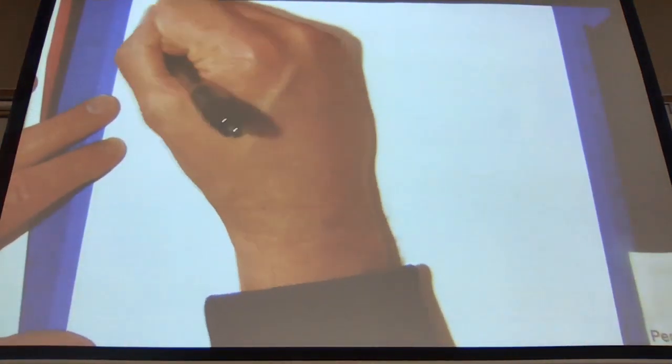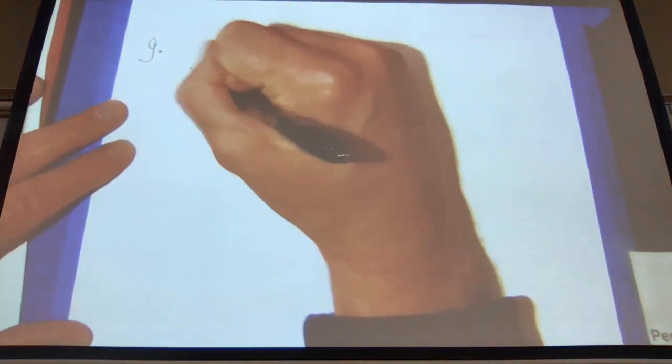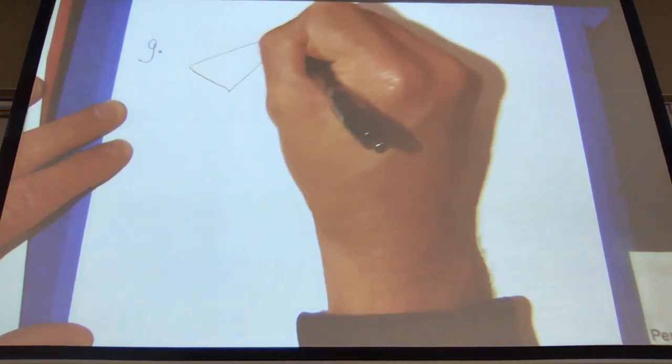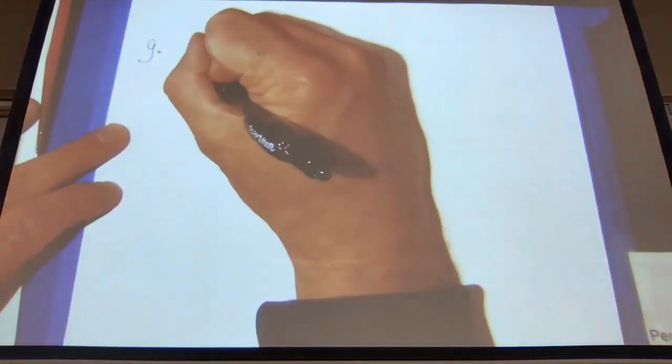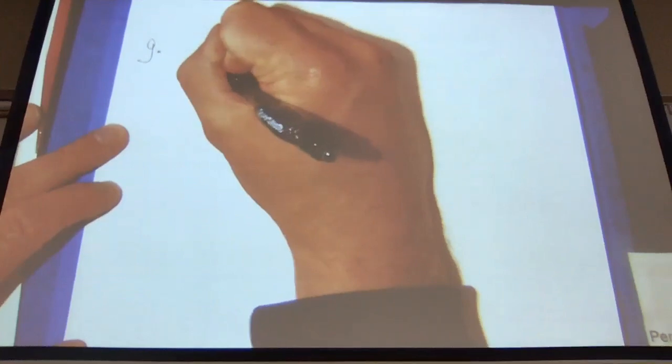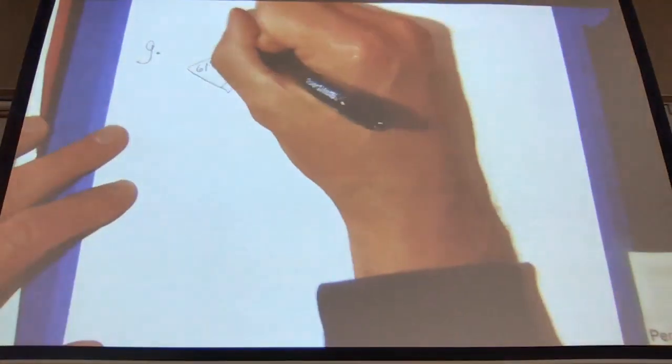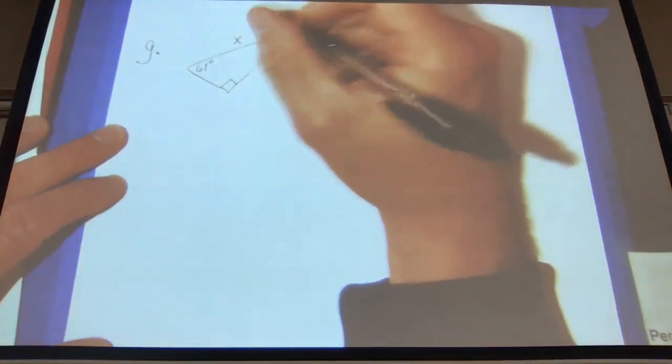Let's try this one, letter G. There's our right triangle. 61-degree angle here. Two sides they give us are X and 24.